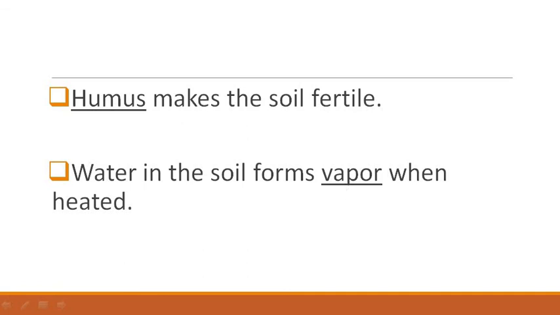If you observe your mother in the kitchen, when she keeps water to boil, sometimes if you have a throat or stomach infection, the doctor asks you to drink boiled water. So when your mother keeps the water in the pan on the stove, correct? When it is heated on the stove, you can see the smoke coming out of the water. So it is being converted into vapor. Okay, so the water in the soil forms.